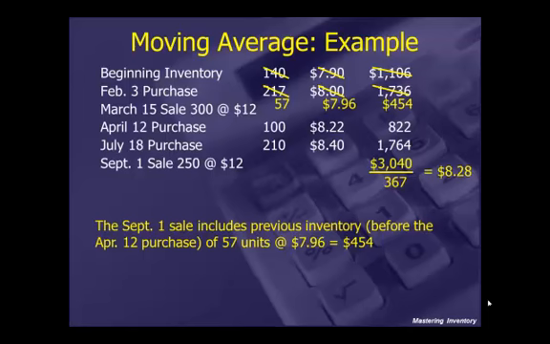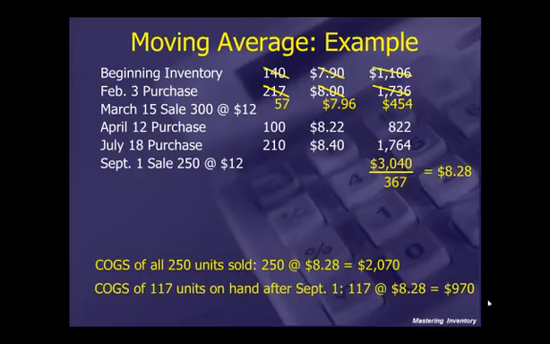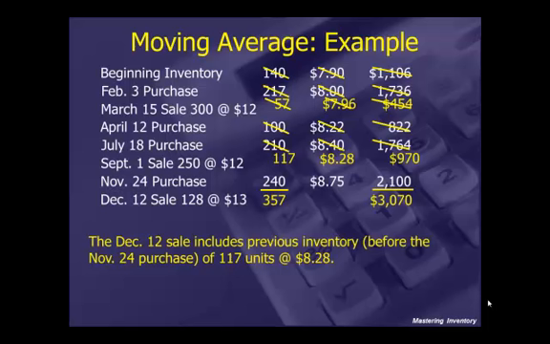We're selling 250 units. And so the 250 units times $8.28 is $2,070. We have left the 367 less 250 leaves us 117 units on hand. At $8.28, $970 is still the cost that we have in our inventory.